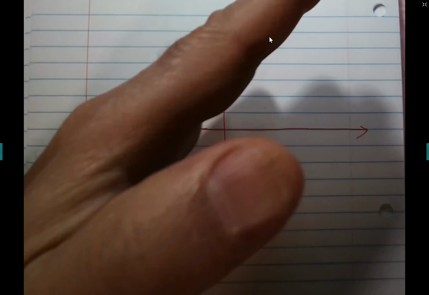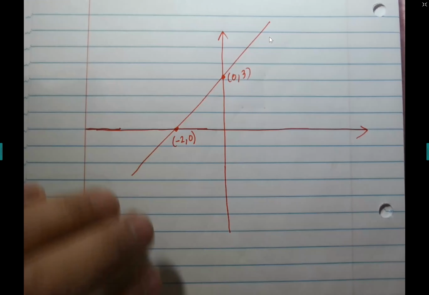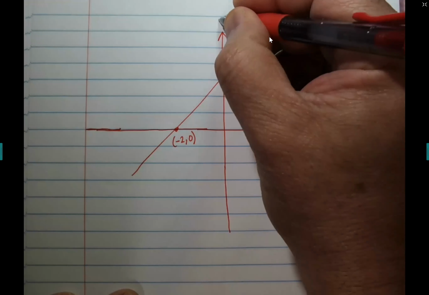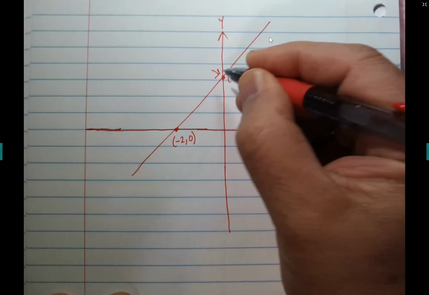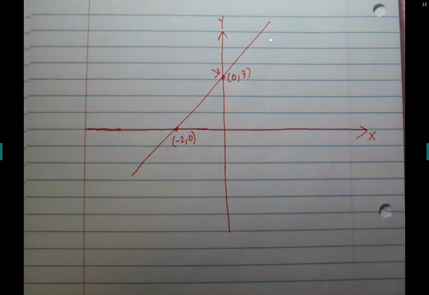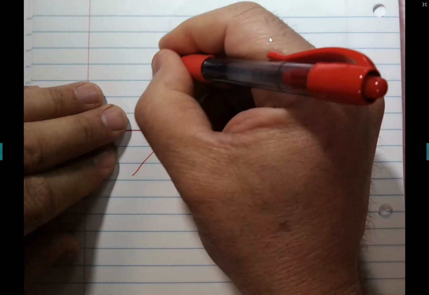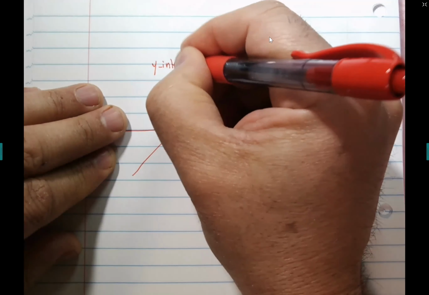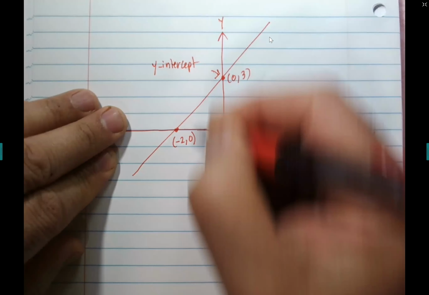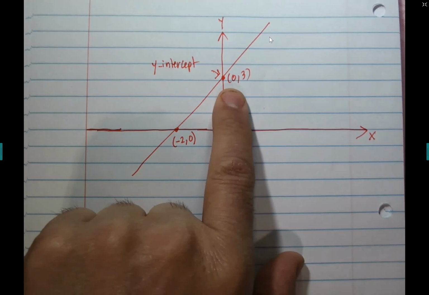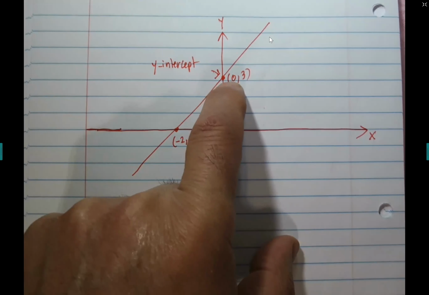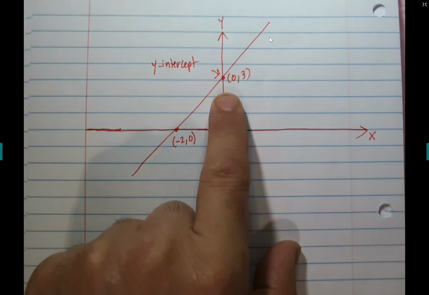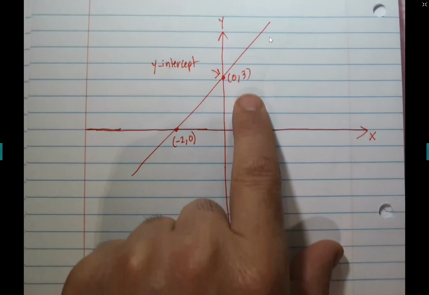This line, guys, as you notice, it crosses the x-axis and crosses the y-axis. This point here where the line crosses the y-axis is called the y-intercept.